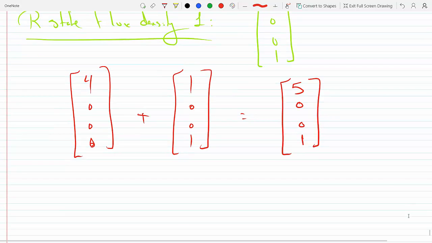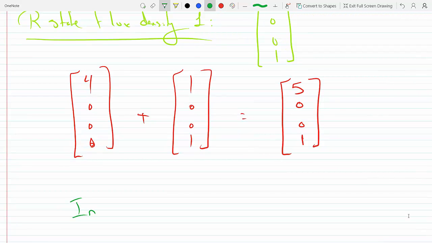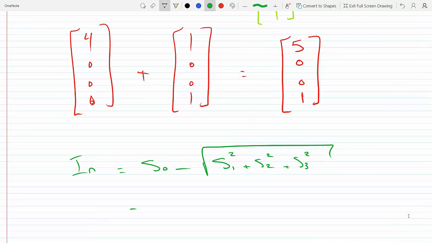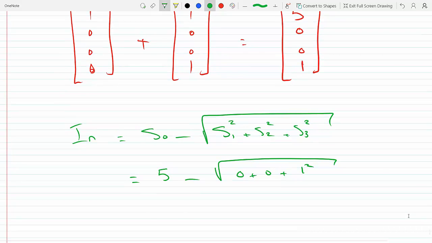Okay, so let's see what IN is. We already said that IN is equal to the expression we derived: S0 minus the square root of S1 squared plus S2 squared plus S3 squared. So if we plug these numbers in, we have 5 minus the square root of 0 plus 0 plus 1 squared, which indeed will get us 4.